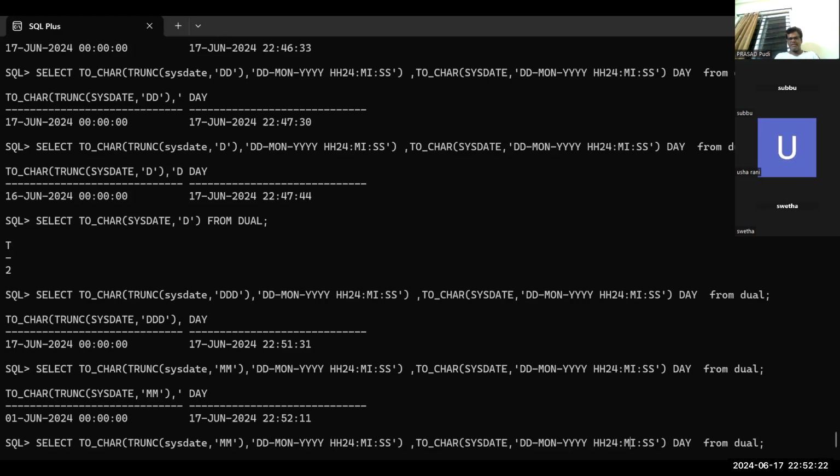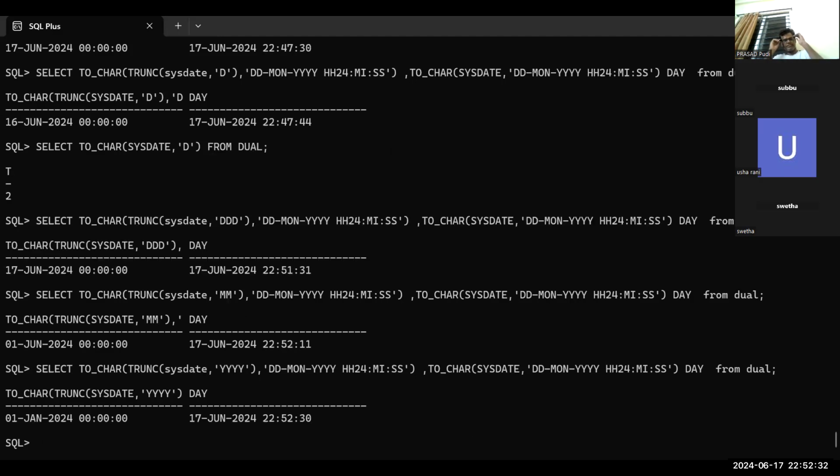If I'm giving YYYY, it will go to first January 2024. That is the reason. If you are giving triple Y or triple D also, it is not going because Y already goes there. So if we are giving Y, it will go to 1st January.